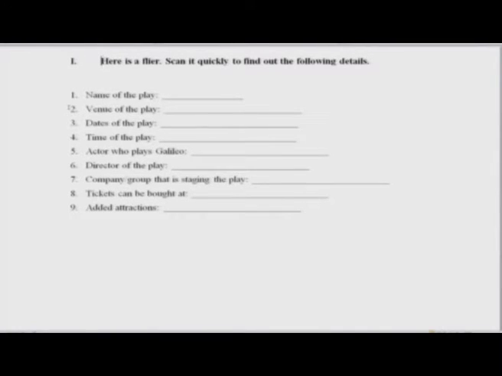Usually these are the details you would want to find out before deciding whether to go there or not: name of the play, venue, dates, time, then some information about the lead actor or actors, the director, the company which is staging it, and how and at what rates you buy tickets.